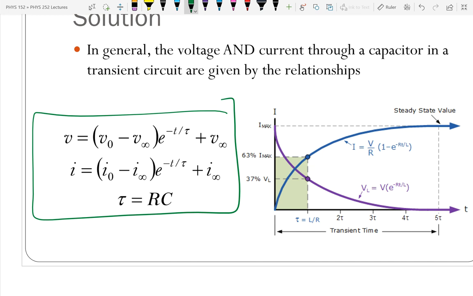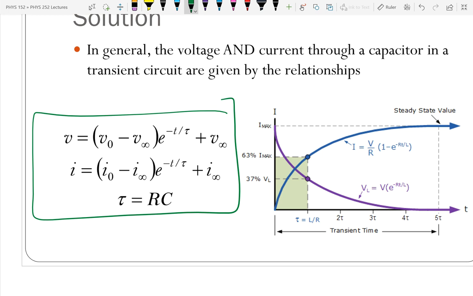And you might say, why are you showing me this equation if the I infinity is always 0? It's a reasonable question. The reason is, in a couple weeks, we're going to be studying inductors. And we'll do the same type of calculation, and we're going to find exactly the same two equations.